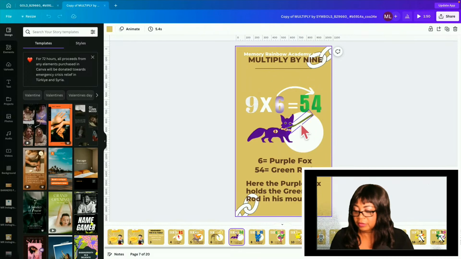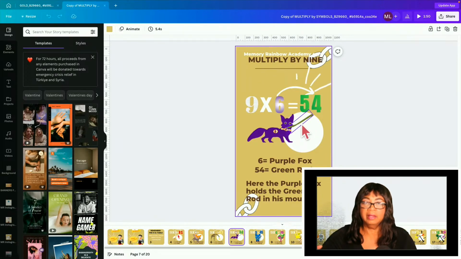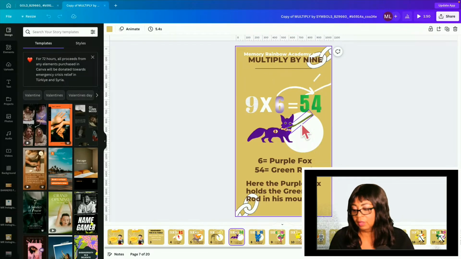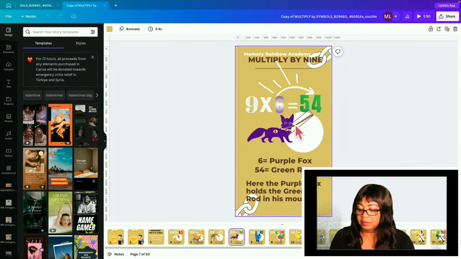So you have this green rod, and think of it as a prophet's rod, those long sticks that they use, like Moses or something that would hold those long rods. That is what it's represented by. So this one is green, and it's being held in the mouth of the purple Firefox, right?